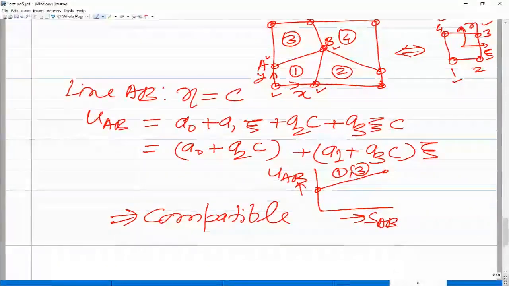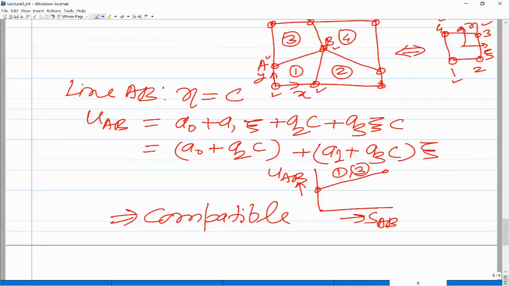As long as you map the physical element in the physical coordinate space to a square, and the sizes of the square are the same, it will always give you a compatible element. Here, of course, by choice we are using the natural coordinates which vary from -1 to +1.